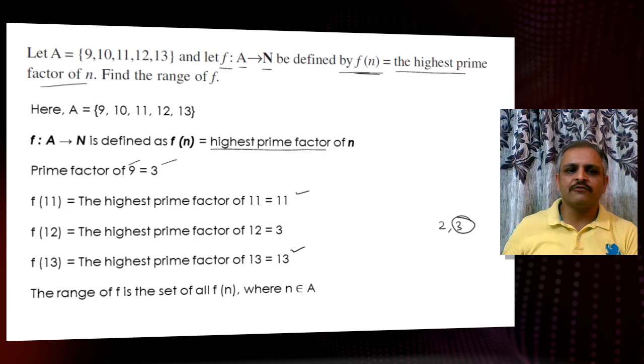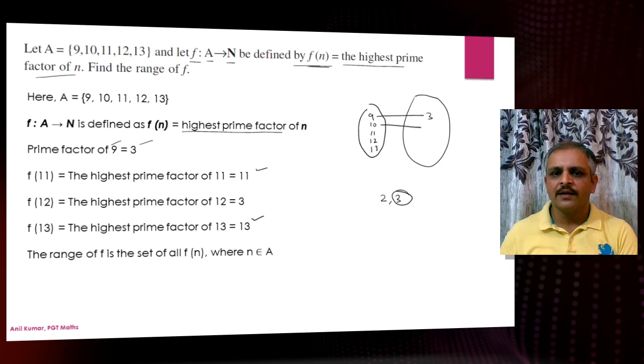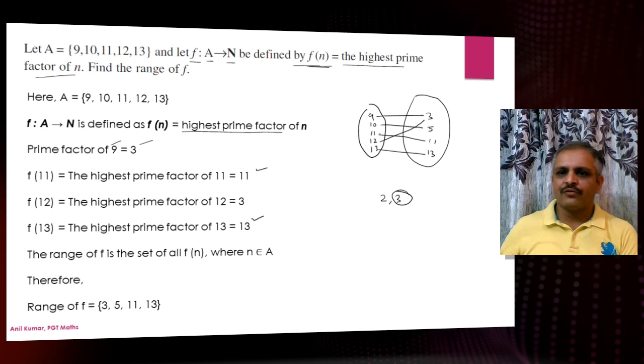So if I draw this arrow diagram, 9, 10, 11, 12 and 13 on one side, and on the other side all the natural numbers, 9 will be associated with 3, 10 will be associated with 5, 11 will be associated with 11, 12 will be associated with 3 and 13 will be associated with 13. So my range will become 3, 5, 11 and 13. So here what is missing? f(10). The highest prime factor of 10 is 5.